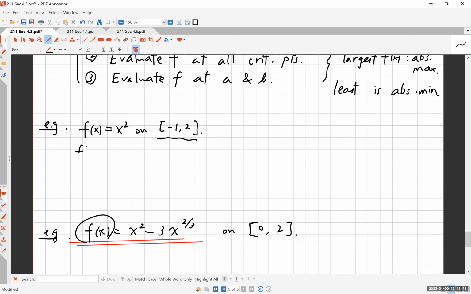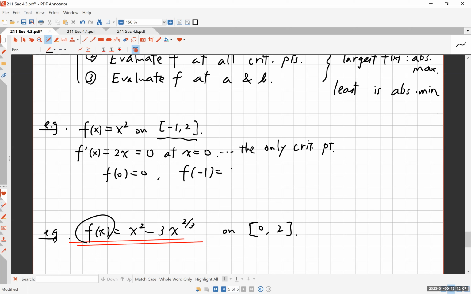All right, so let's go ahead and apply this for the parabola that we have just considered from -1 to 2. f prime is 2x, which is 0 only at x equal to 0. So this is the only critical point. f(0) is 0. f(-1) is (-1) squared, which is 1. f(2) is 2 squared, which is 4.